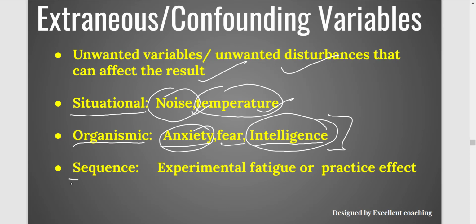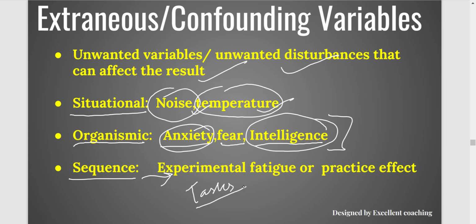The third type of confounding variables are experimental fatigue or practice effect, which is very common. What is experimental fatigue? These are known as sequence variables, because whenever we have to follow a certain experiment in a sequence, meaning we give certain tasks to be done by the participant in a sequence.